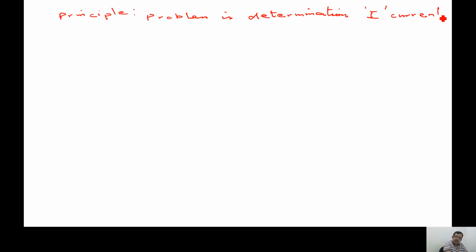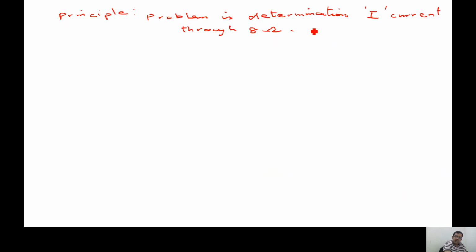So the principle: the problem is the determination of I, the current through the 8 ohm resistor. I know R.